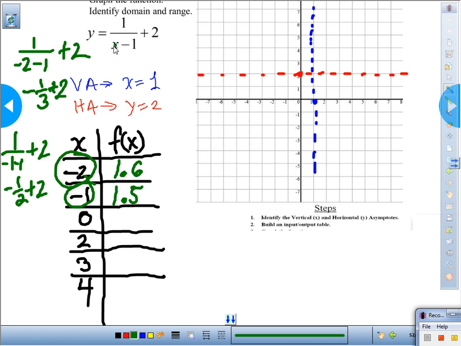Substitute 0 in here. That leaves me with -1. 1 over -1 is -1 plus 2, 1. Okay, let's plot those really quick. Let's see. -2, 1.6 is about right there. -1 is 1.5, which is right there. 0 is 1.